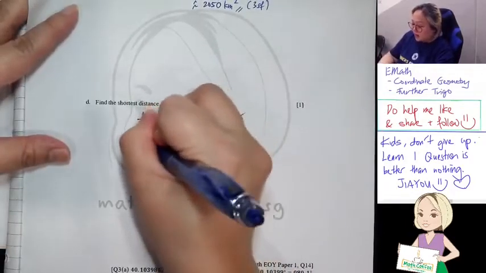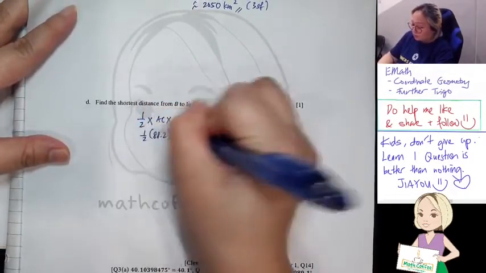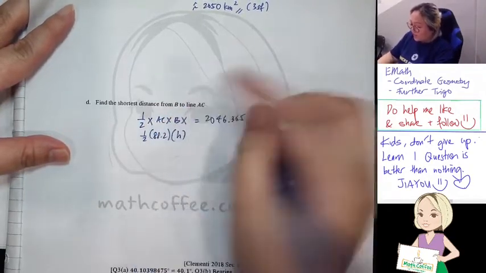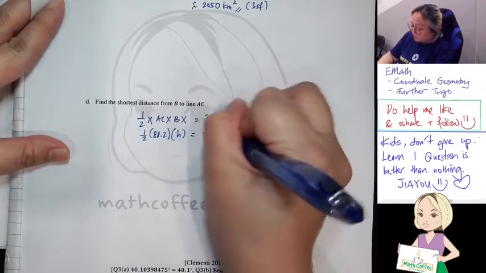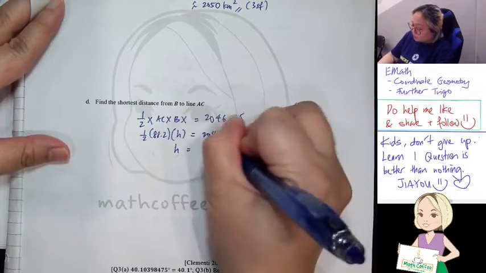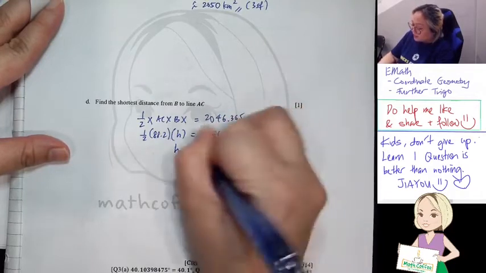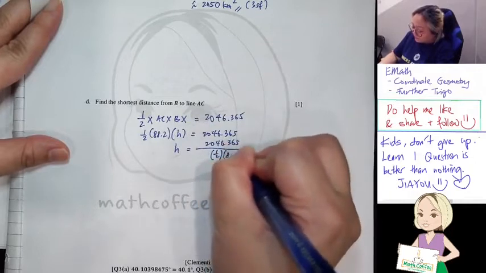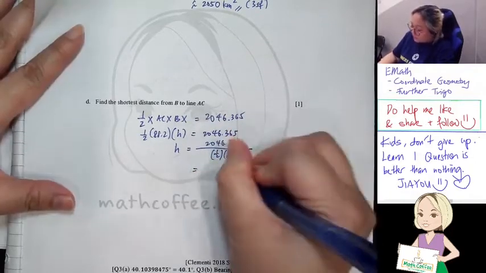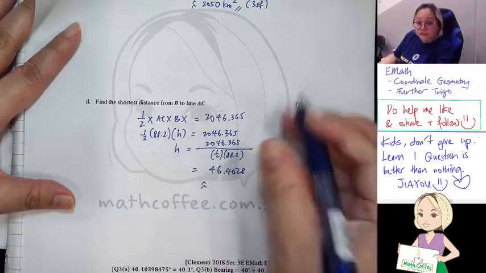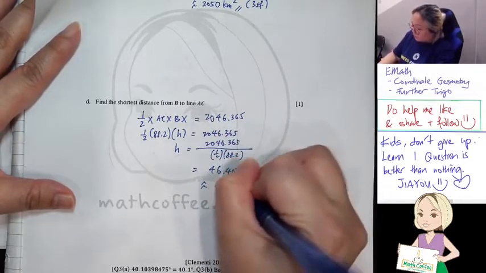So this is half times 88.2 multiplied by the so-called height, which is BX, equals 2046.365. So my height is 2046.365 divided by half times 88.2. Press calculator, you get 46.4028. Round off to 3SF, 46.4 km.